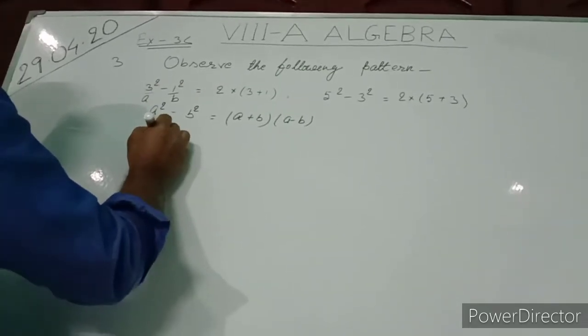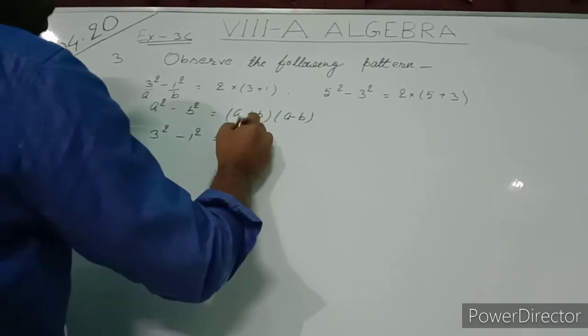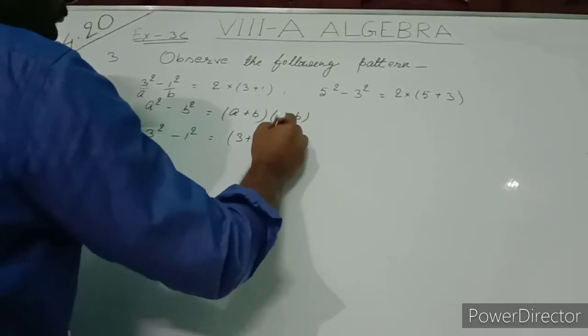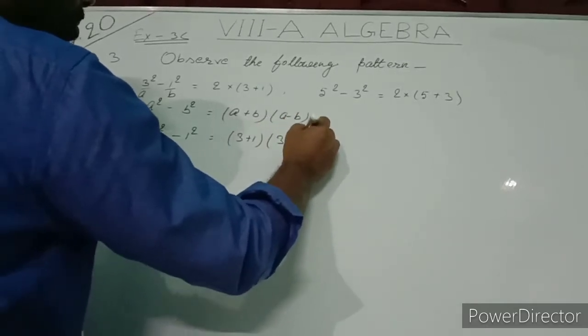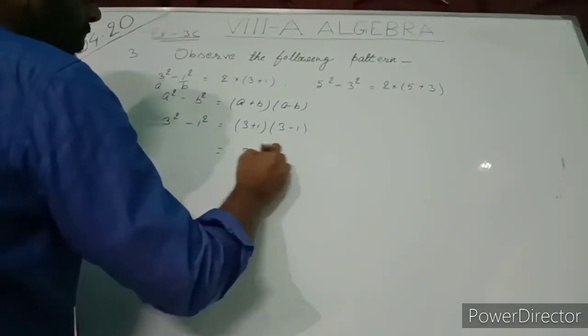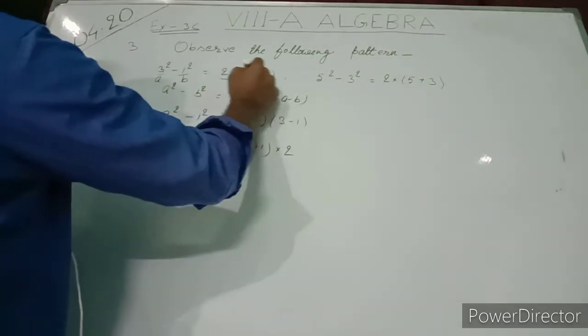So what are we saying? 3 square minus 1 square equal to a plus b, meaning 3 plus 1, and a minus b, 3 minus 1. What are you getting? You are getting 3 plus 1 into 2. So this came from here.